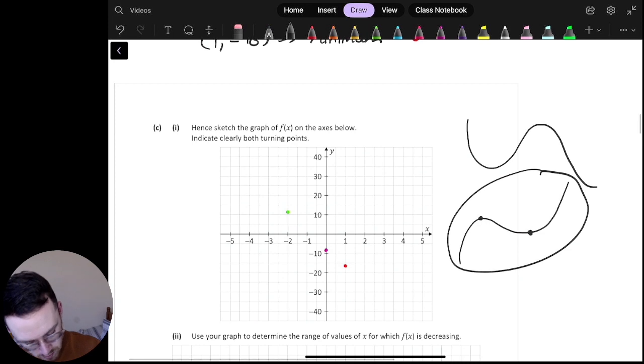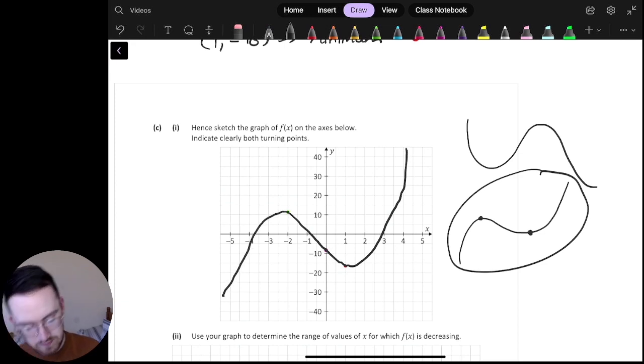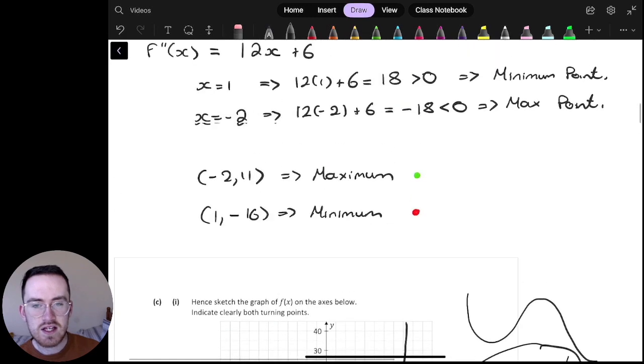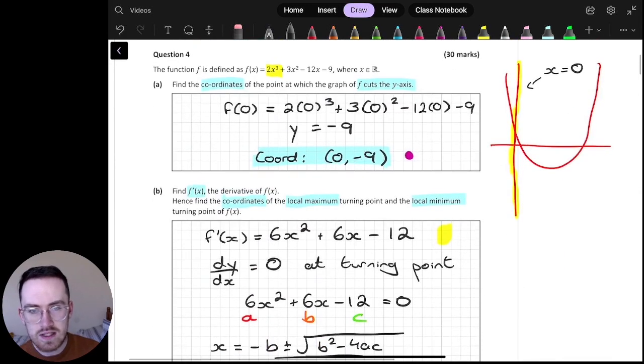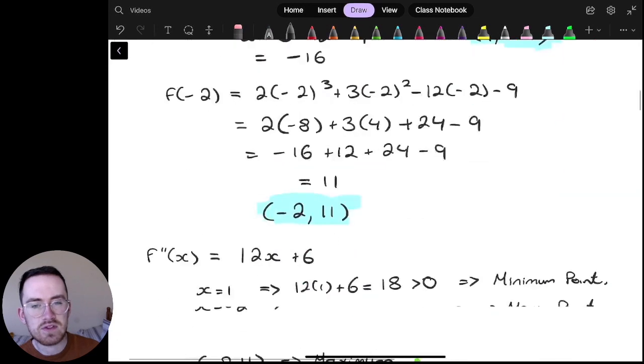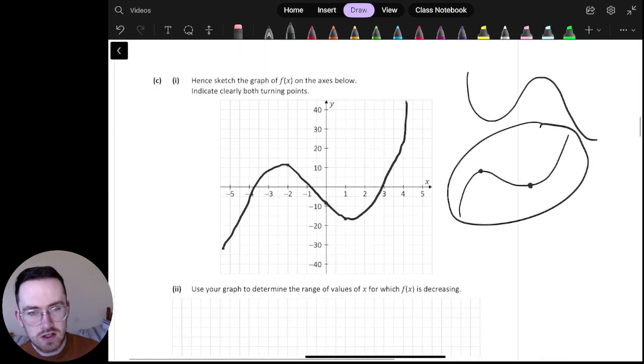So what I could do first is maybe link up the points that I do know, as best I can, and then we're just trying to keep it somewhat symmetrical. So going on up that way and going on down this way. And we get a good solid sketch of the graph, which again is the best that we can do for these points. So we use the points that we have, we mark them in as clearly as we can.